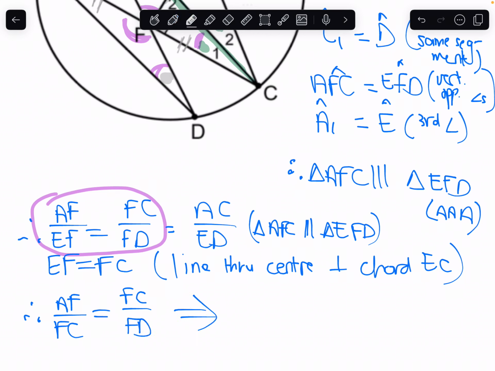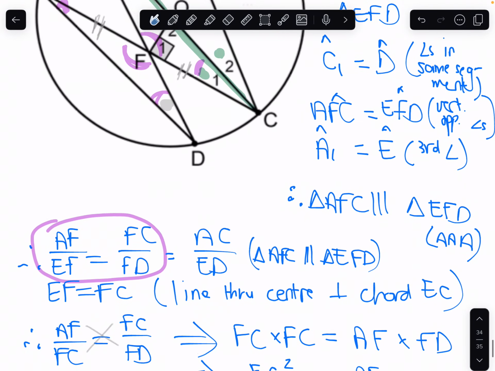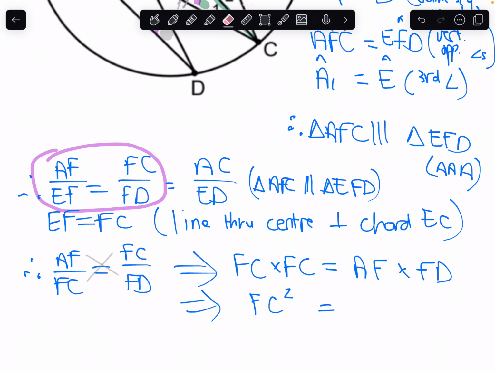And then from there we can cross multiply. So we have FC times FC is equal to AF times FD. In other words, FC squared is equal to, and let's write it the way they have it, DF times FA.